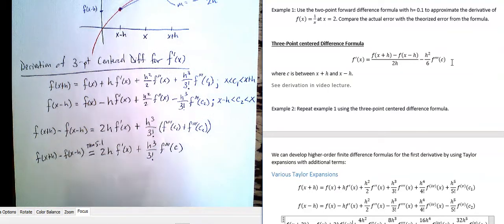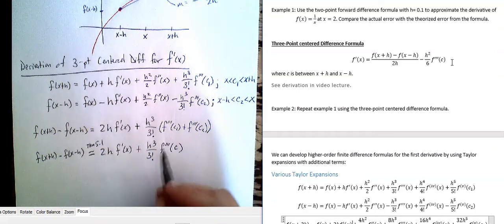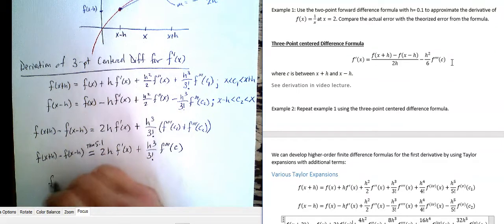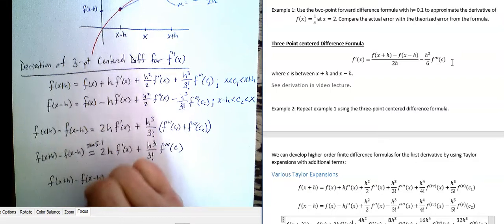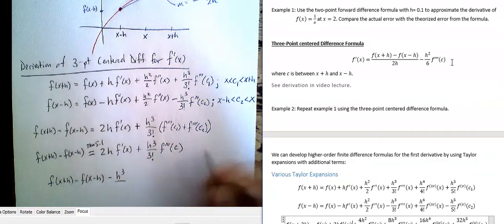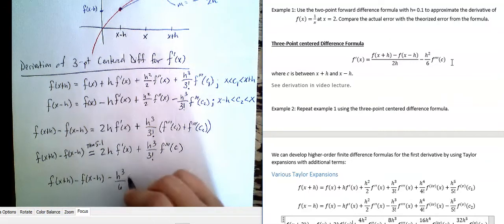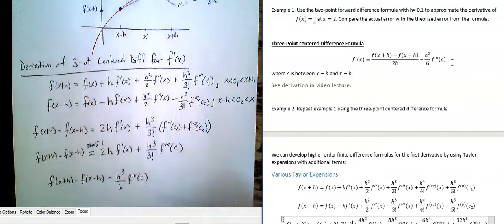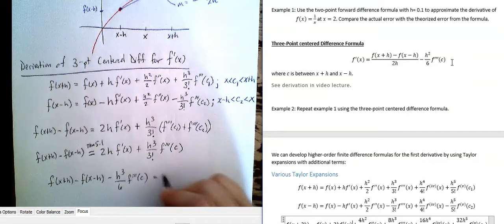So what we can do is just rearrange some things here. Take the error term to the left. So we'll have f of x plus h minus f of x minus h minus h cubed over, well, 3 factorial is 3 times 2 times 1, so that's 6, f triple prime at c, equals 2h f prime.